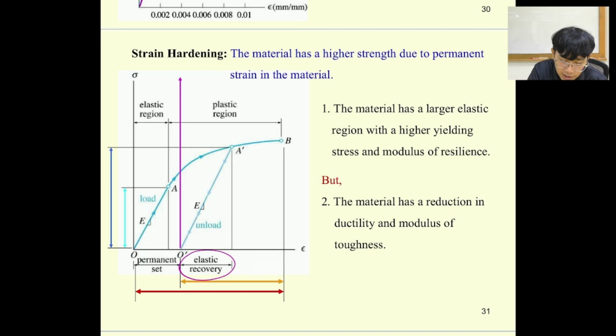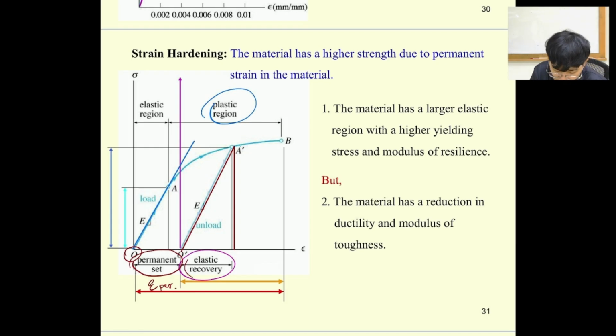But when you try to apply the force beyond the elastic zone, which means it goes up to the plastic region or plastic zone, after you release the force back, unloading over here, you can see that your sample is not gonna go back to the same original point, which produces the length over here. We call it permanent set or permanent strain over here. And then the point that it goes back to over here, we call it the recovery.